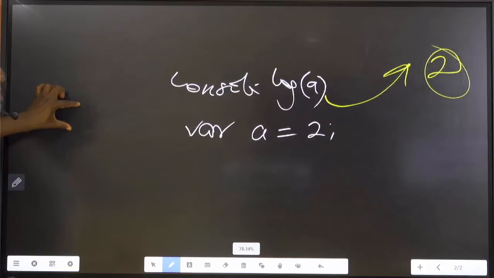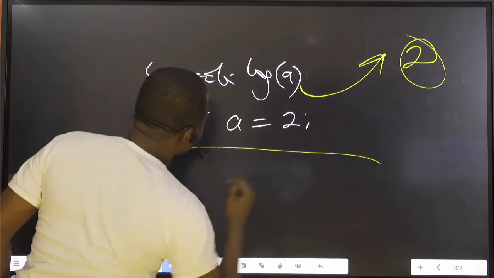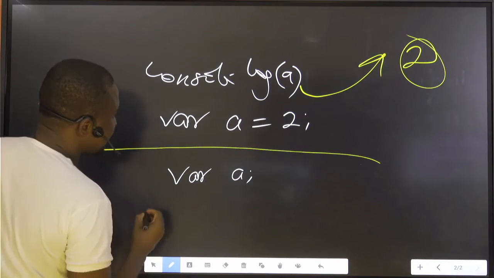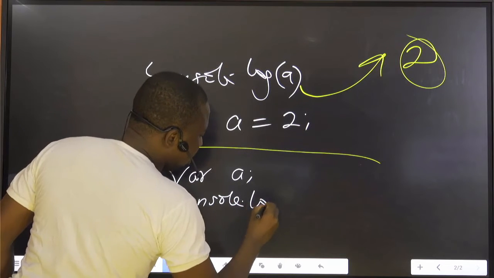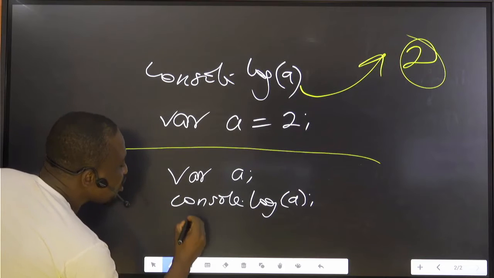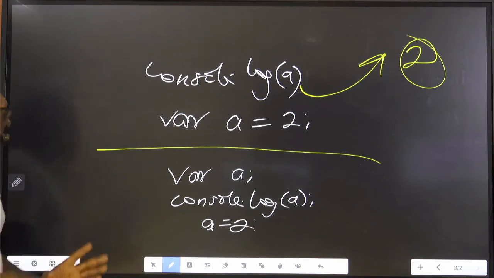Now, what JavaScript is going to do for you behind the scene is var a, console.log a, then it will just put a now is equals to 2. You see what it's doing for you?